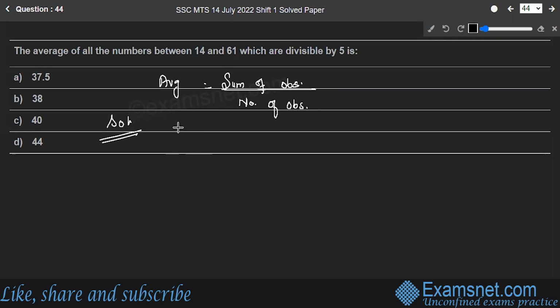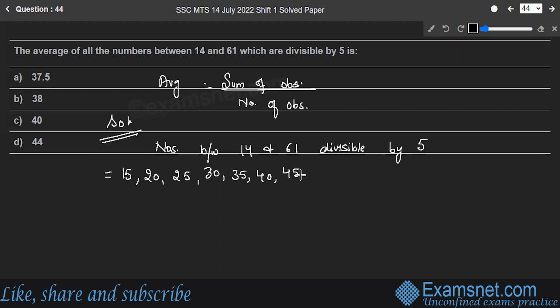Okay, so let's move with the solution. Numbers between 14 and 61 which are divisible by 5 are 15, 20, 25, 30, 35, 40, 45, 50, 55, and 60.